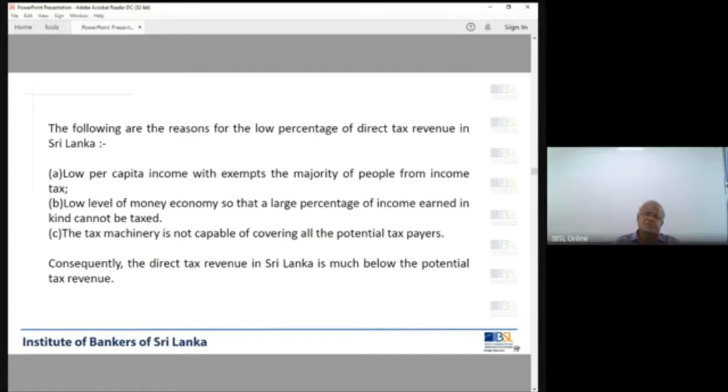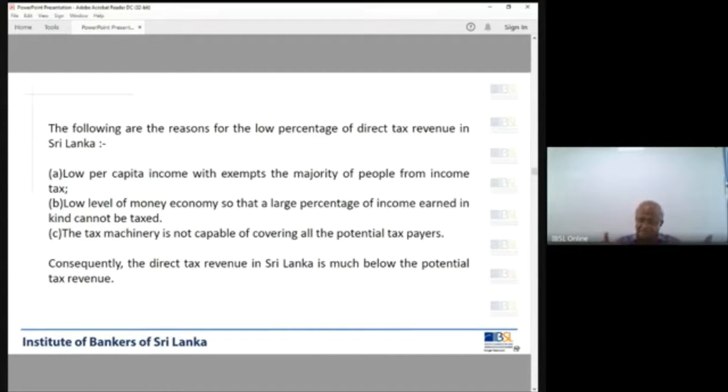The following are the reasons for the low percentage of direct tax revenue in Sri Lanka. Low per capita income, which exempts the majority of people from income tax. That is the reason. Almost all government employees have been exempted from paying taxes.